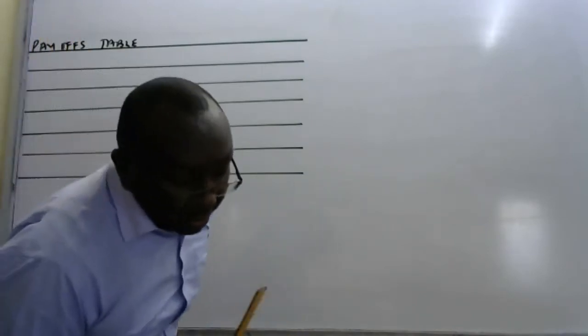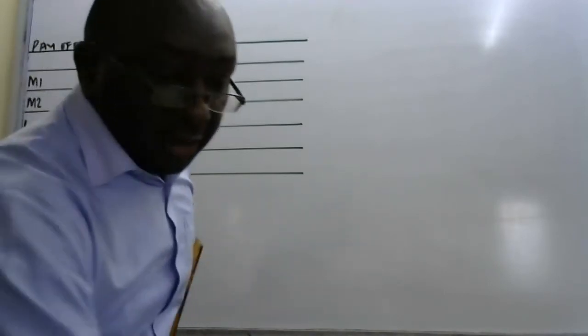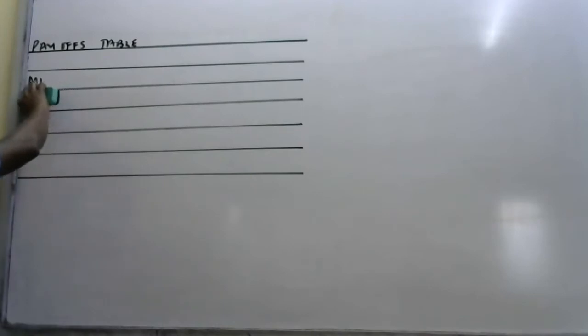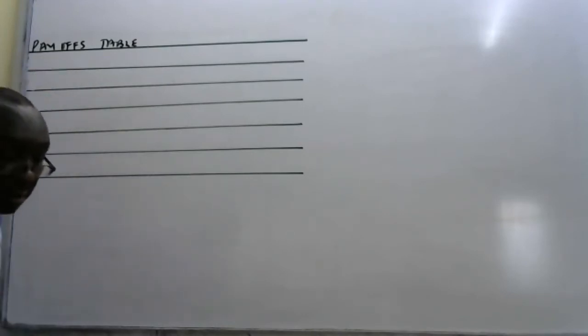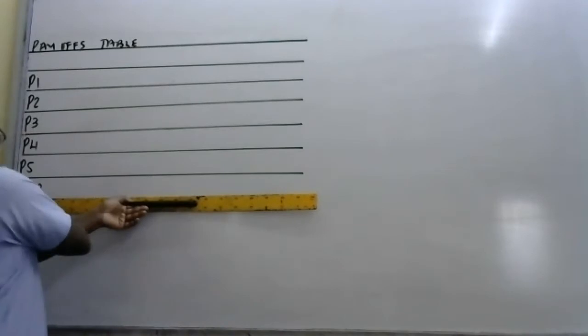So there are 5. So this is M1, M2. Sorry, I want to put the options on this side. So this is P1, P2, P3, P4, P5, and then I might create probabilities.